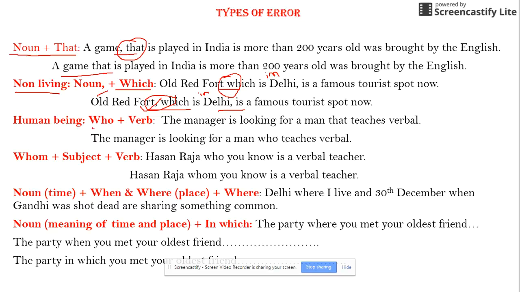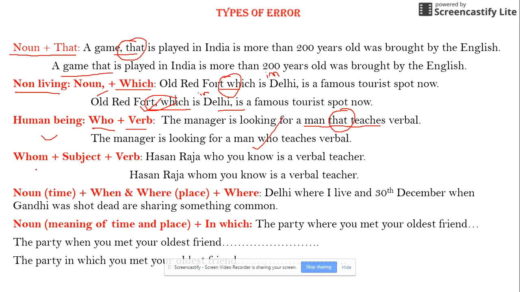Now, when we talk about who, it should be used only for a human being. And remember, after who, there must be a verb. If we don't use a verb and we use subject plus verb, that's incorrect. So, the manager is looking for a man that teaches. Look, here man is a human being, that's why that is incorrect. It should be who. Fine.